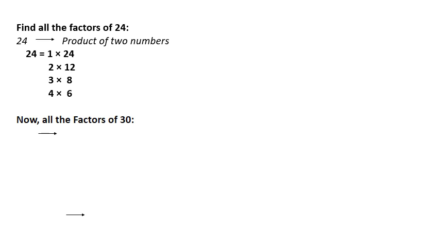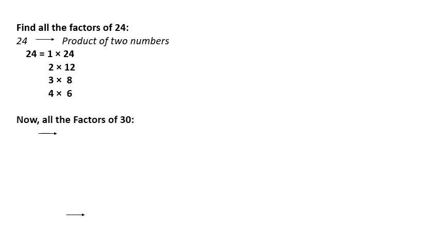But you can see that 24 is not there in 5's table, or you can also say that 24 is not divisible by 5. So a combination of 24 with 5 is not possible. So we will move to the next number, which is 6.